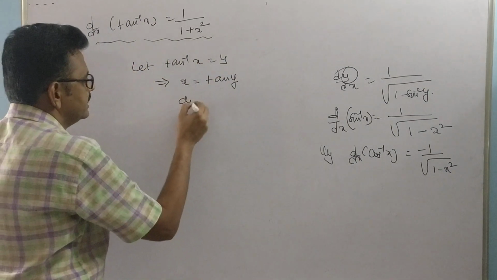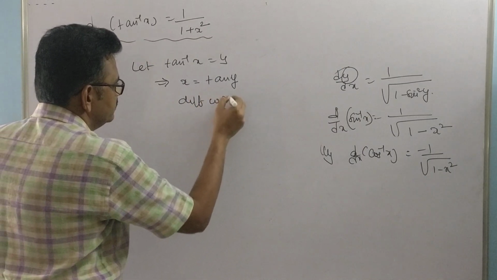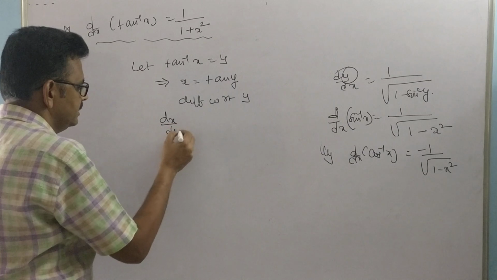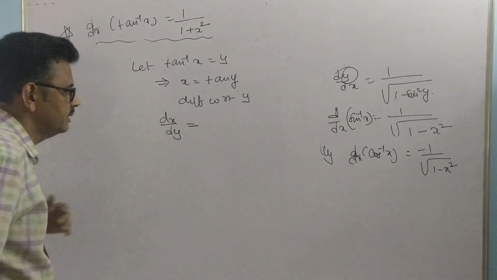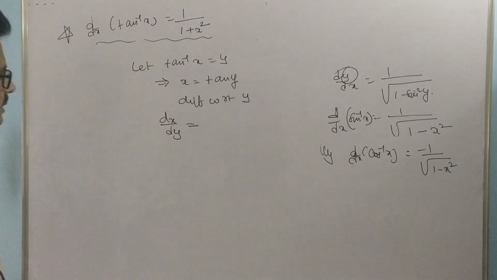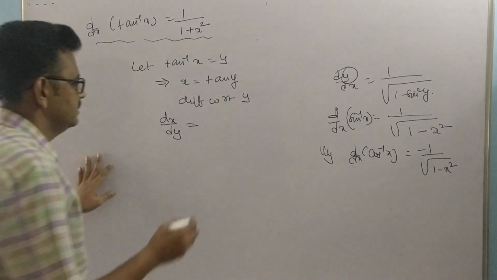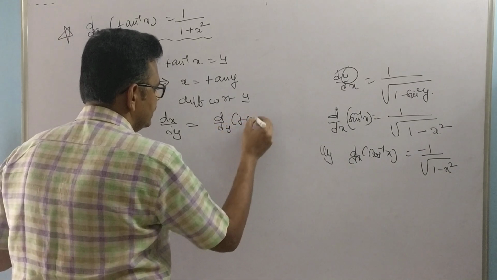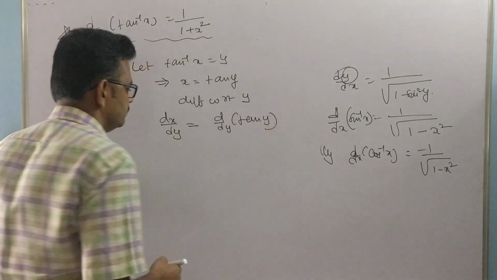Now, differentiating with respect to y. So, this is dx by dy, the derivative of x with respect to y. dx by dy is equal to d by dy of tan y.